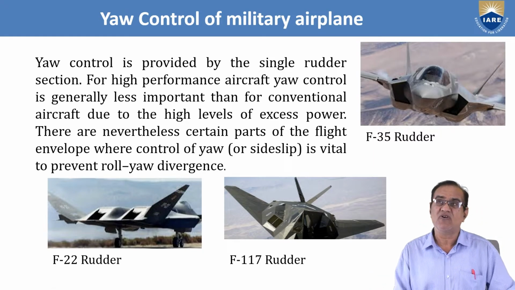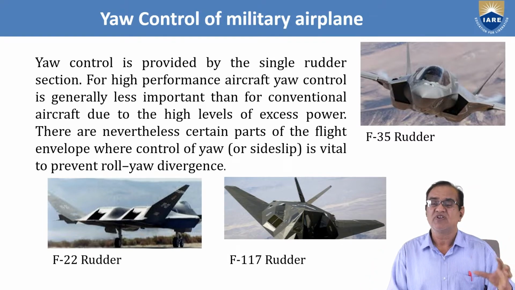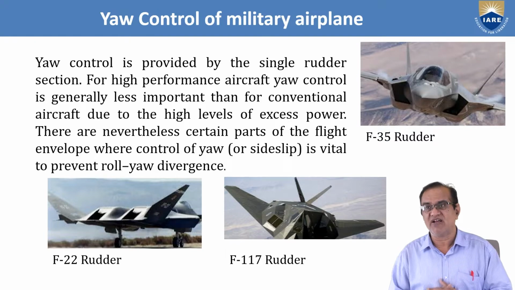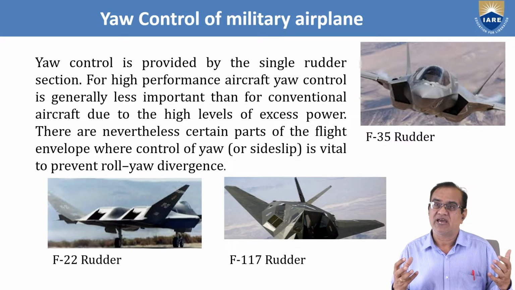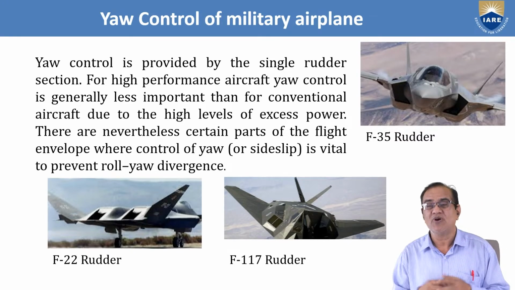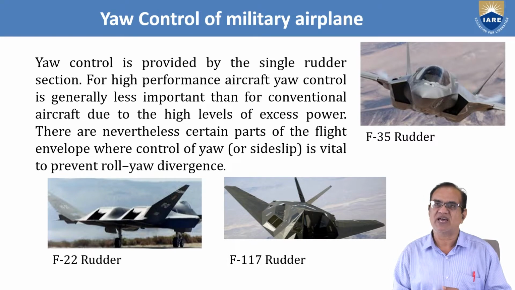Yaw control for military aircraft is a very difficult task, because in military aircraft we don't want its radar signature to increase. We try to make it a stealthy aircraft, and you can see the shapes of these aircraft are very stealthy. Your radar may not be able to capture such a configuration. So aircraft like this are made.